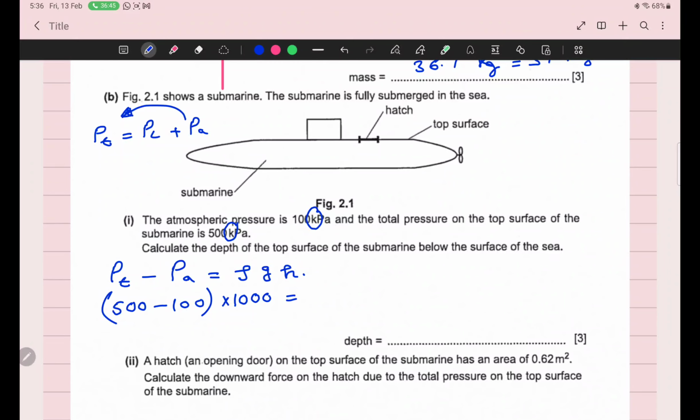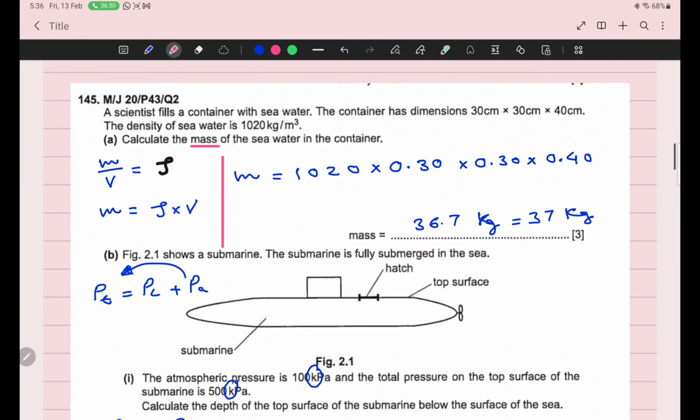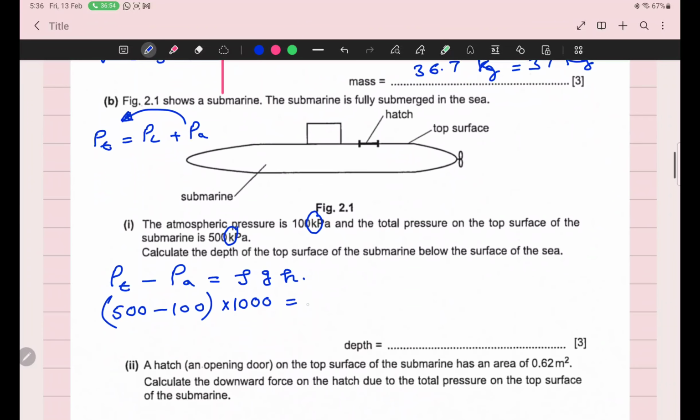On the other side, the density of seawater we are given in the first part of the question. Density is 1020. Gravity is 9.8. We are calculating depth.